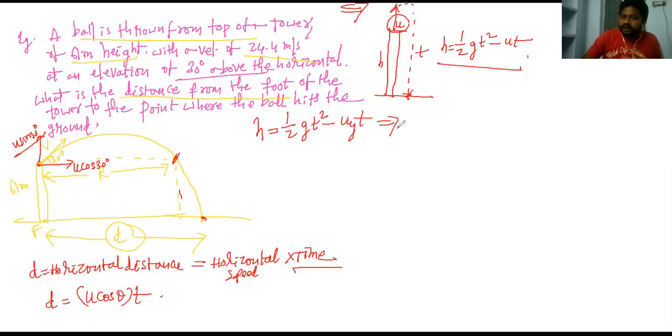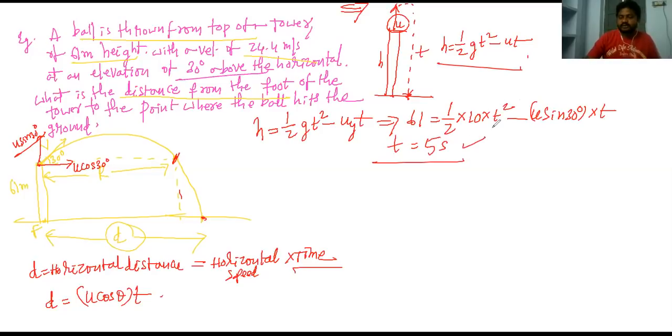From here, h is 61 meter, which is equal to half into 10 into t square minus u sin 30 degrees into t. From here, if you solve, you get t is equal to 5 seconds, my dear students.